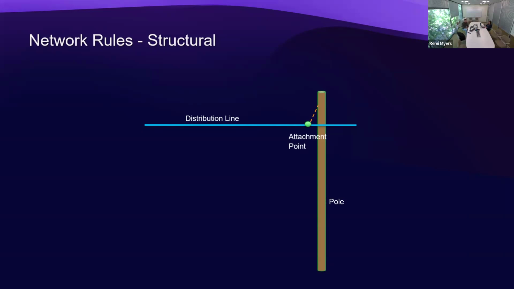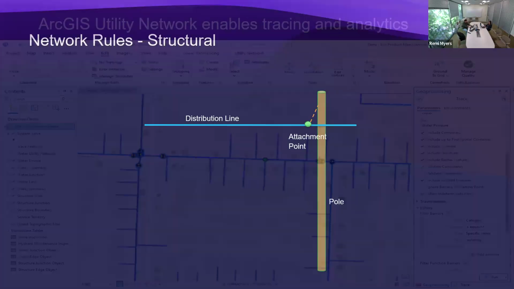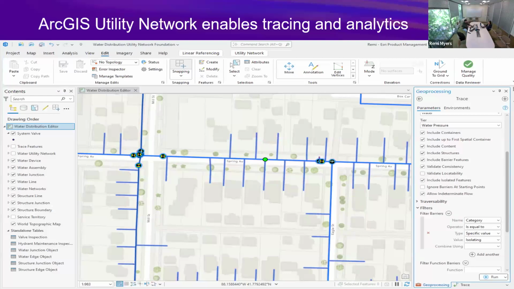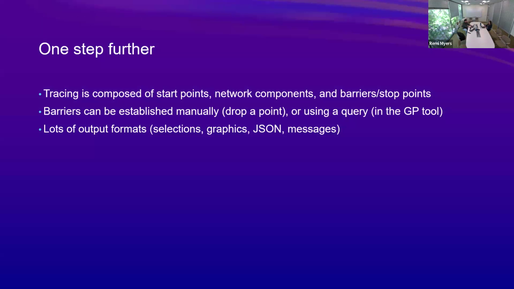So like poles on wires, or frames on pipes, or even vaults and cabinets that are used to house assets, but not necessarily have anything to do with the operational perspective. So that is our rules and tracing.